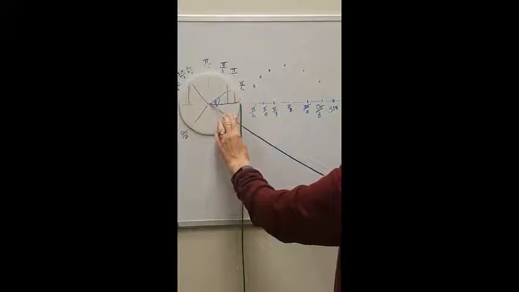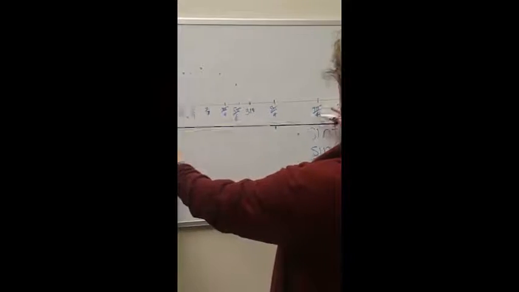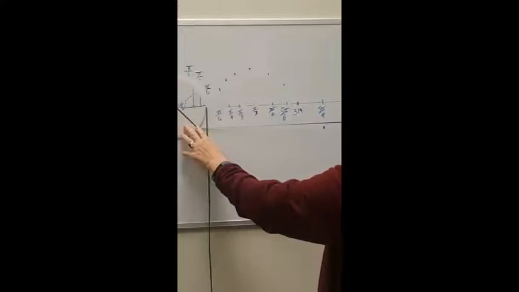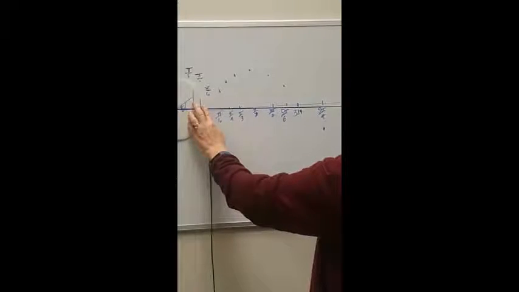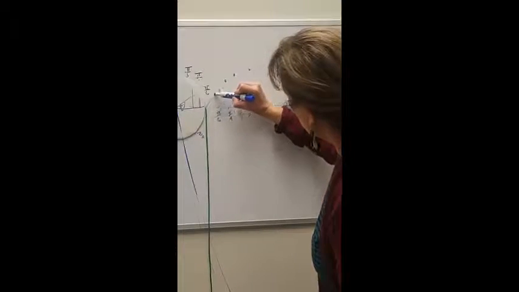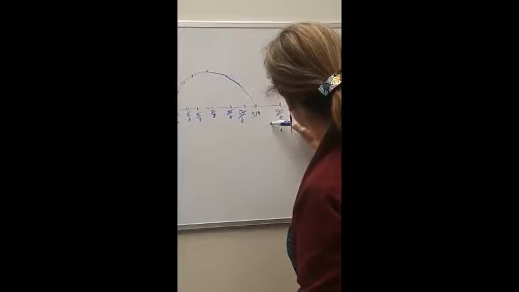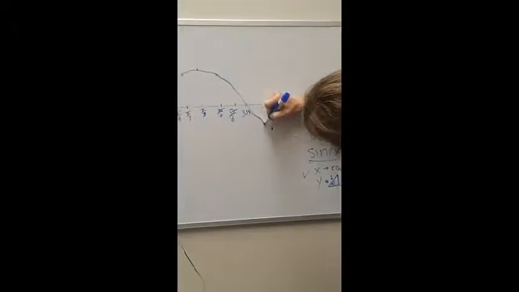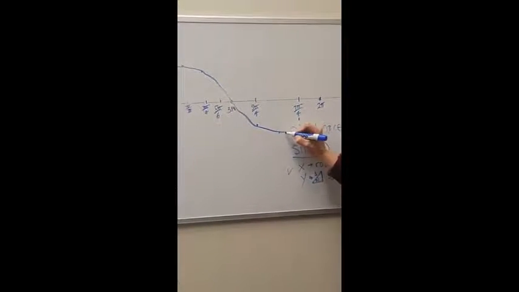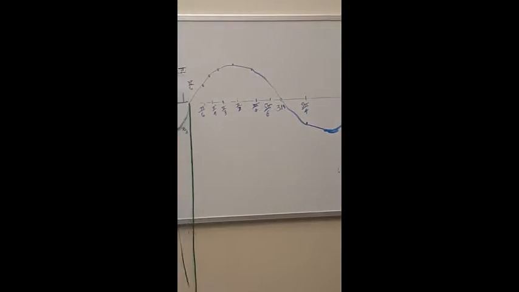And at 7 pi over 4, it's starting to go back up. It's back here. And at 2 pi, we can see it's back to 0. So the sinTracer starts at 0, it goes up, then it comes back down, and then we get the negative, just connecting these dots, and there you have a sinTracer.